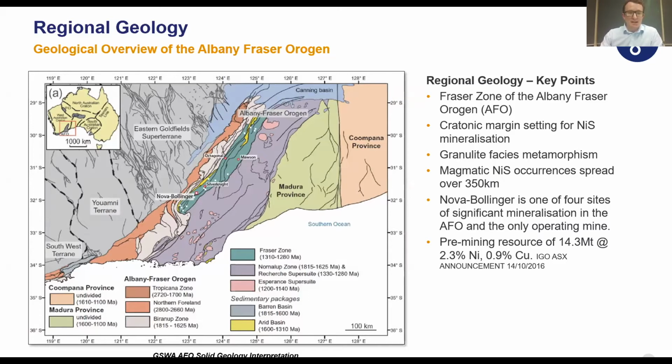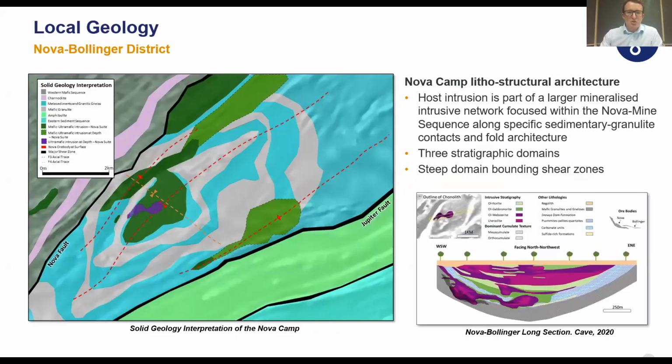So we'll zoom in to the local scale geology, and we'll work around the geology of the surrounding area around Nova-Bollinger. I've got a schematic map of the local geology interpretation here on the left-hand side, and a nice long section which I've taken kindly off the next presenter, Ben Cave, outlining in detail the igneous architecture.